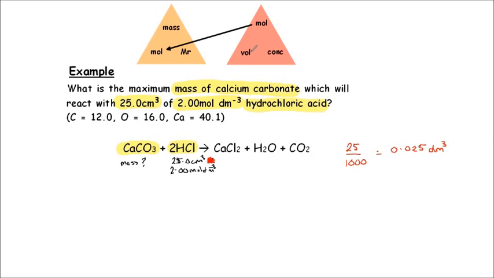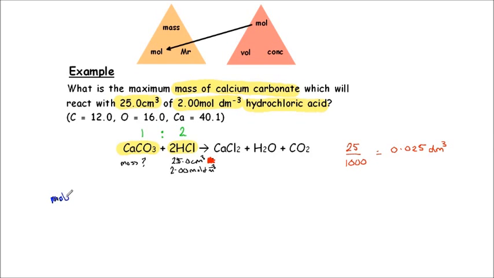Right then, so let's have a look at our triangle. We know the volume of hydrochloric acid. Oh, we didn't do the molar ratios. So we've got 1 mole of this reacting with 2 moles of this. Now that's really important. There's our 2 there, 2 moles of that is going to come in important in a minute. We've got a volume, so we can work out the moles now of HCl.